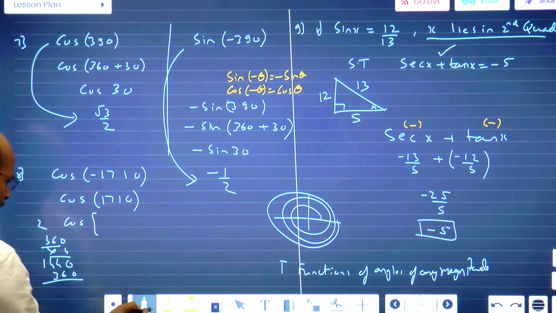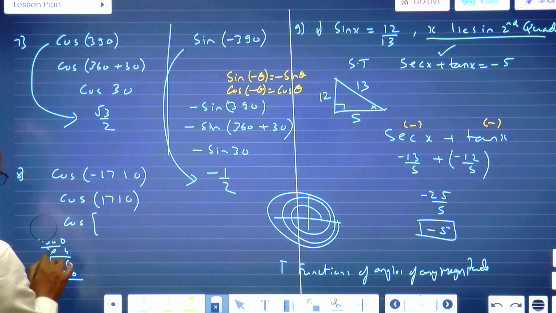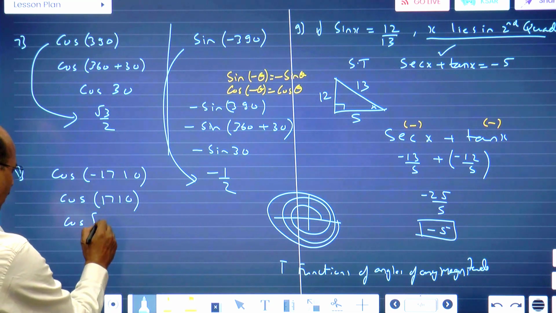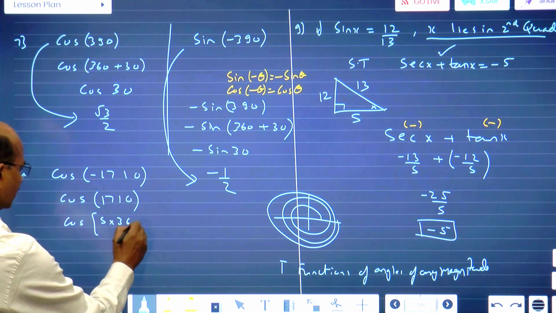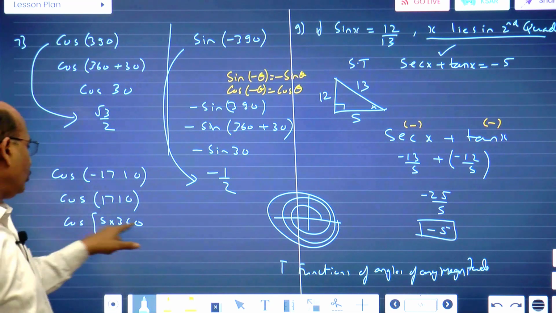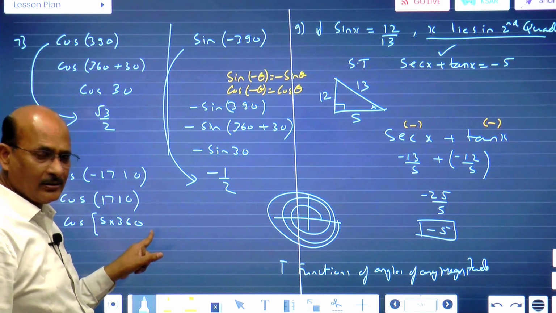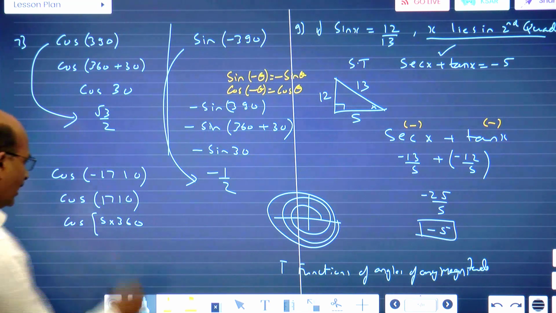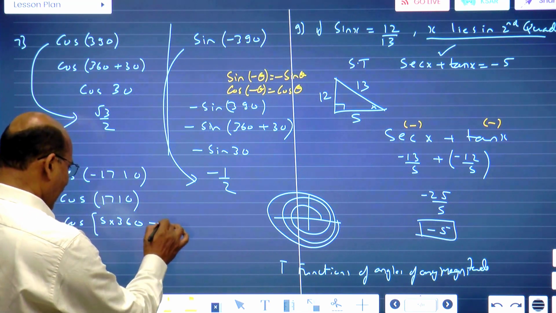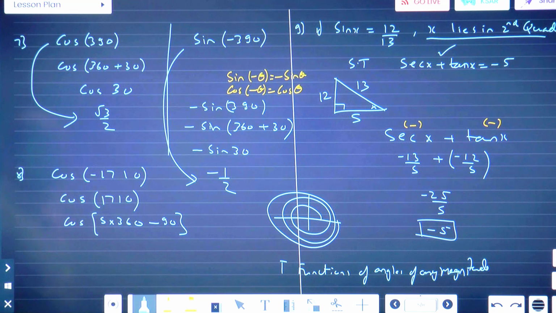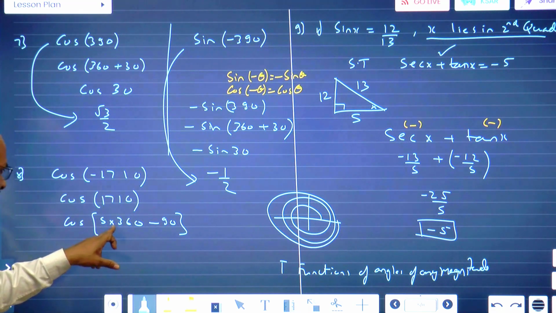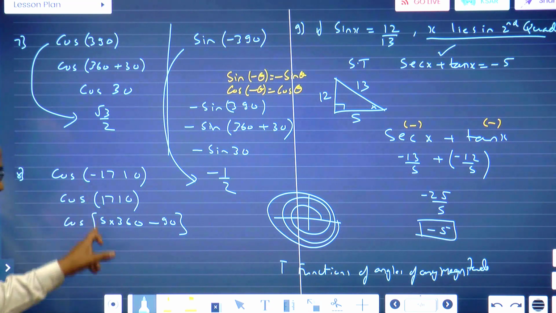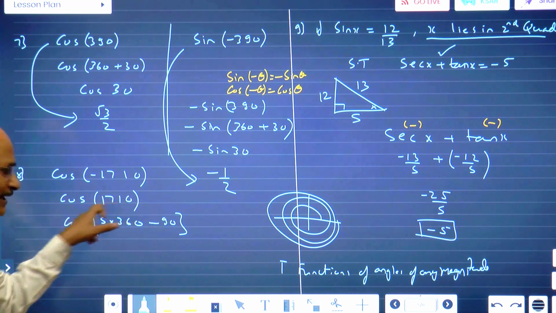I am taking the nearest multiple of 360. Can I write 5 into 360? Now 5 into 360 is 1800. So I can say 1800 minus 90, because 5 6s are 30, 5 3s are 15, and 1800 minus 90 is 1710.